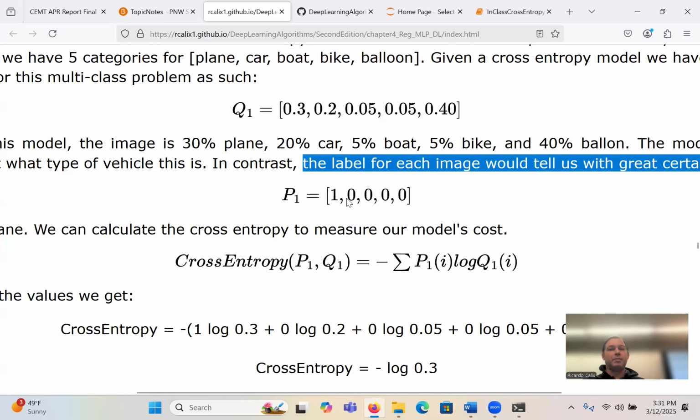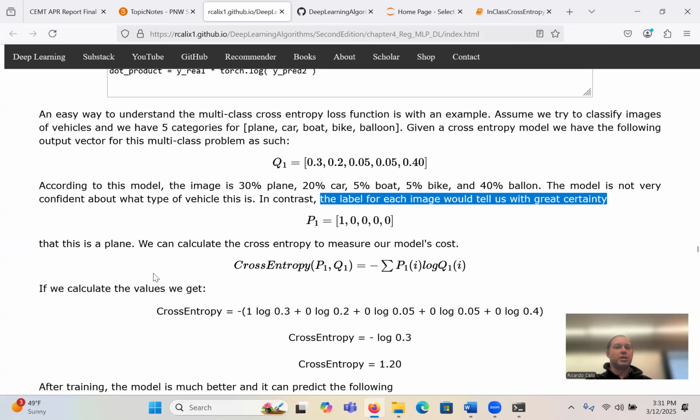And the probability of it being a car is 0. The probability of boat is 0. The probability of bike is 0. And the probability of balloon is 0. Do you guys see that? So that's the relationship. The real labels are a distribution that is very certain, and the predicted values are a probability that is less certain. The goal, though, is for that model to become more certain about what it's saying.